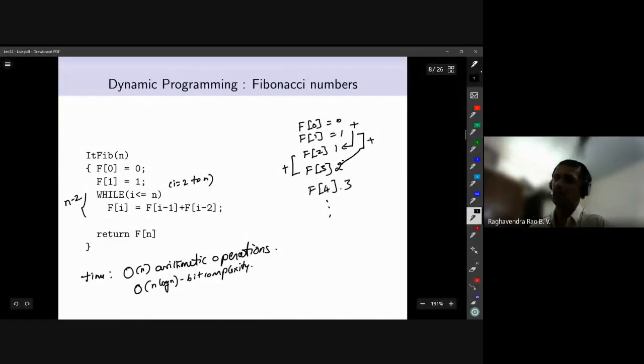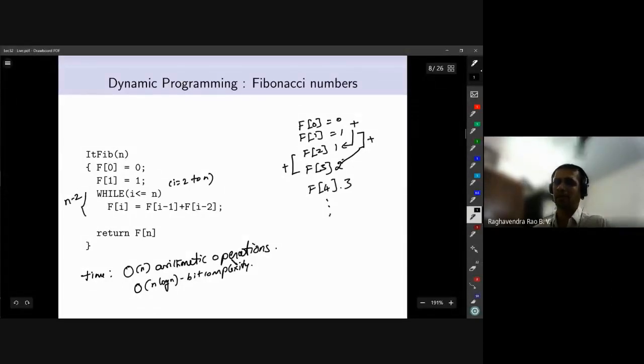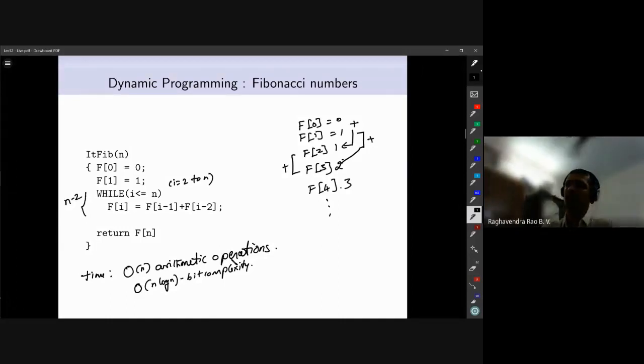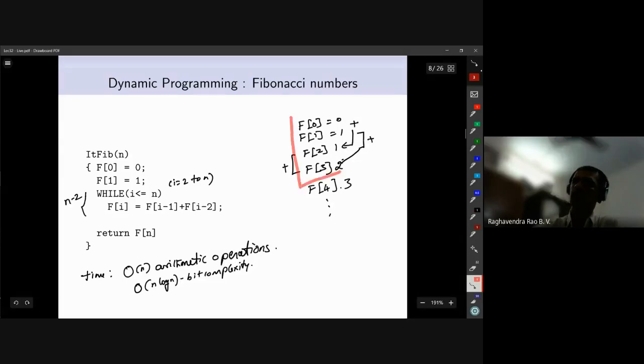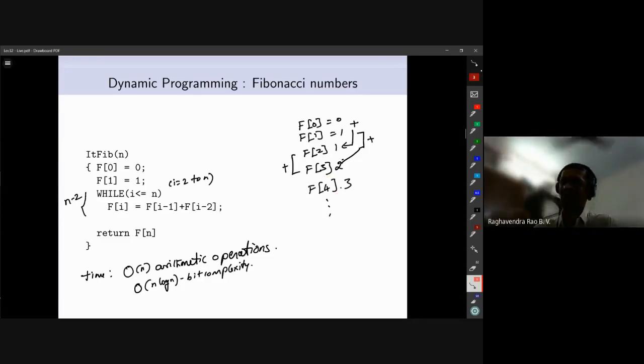Okay, so this is one classical example of dynamic programming. What you do is you use solutions for sub instances to obtain a solution for the given instance. So you combine it in a nice way. Here there was no optimality.